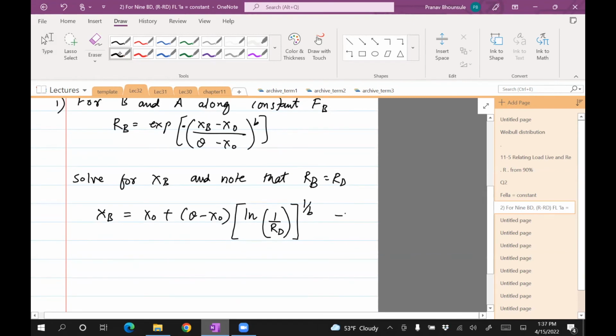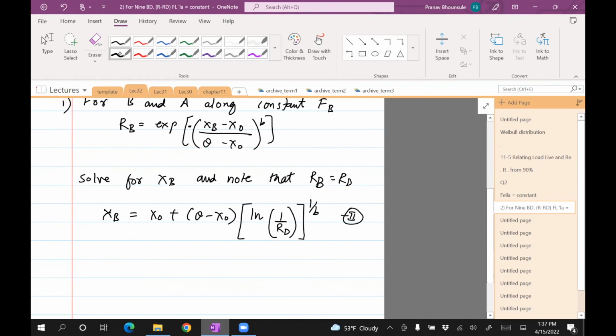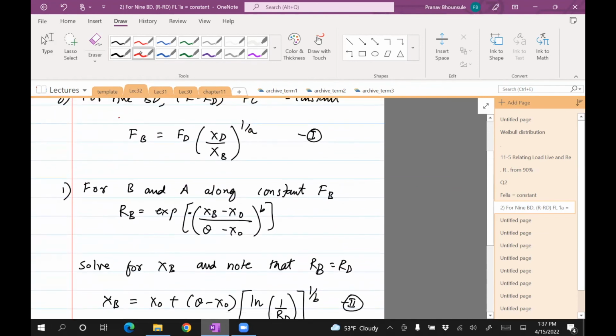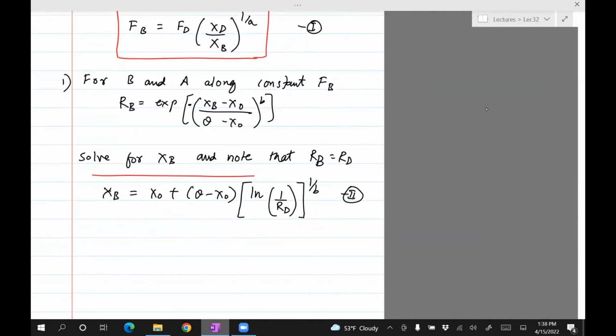This is our equation 2. We circle the 2 important equations. This is one of them, and this is the second one.